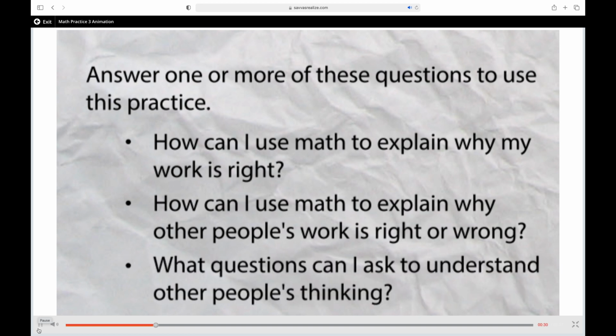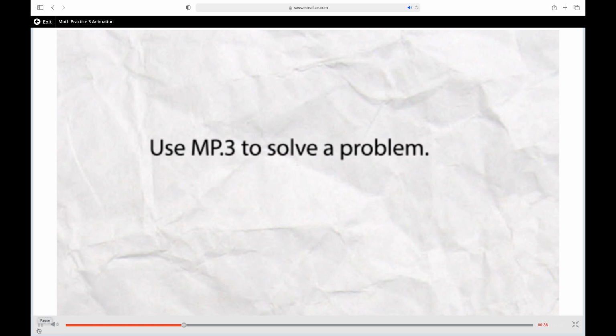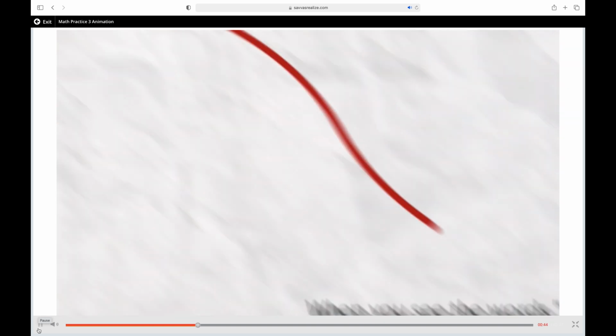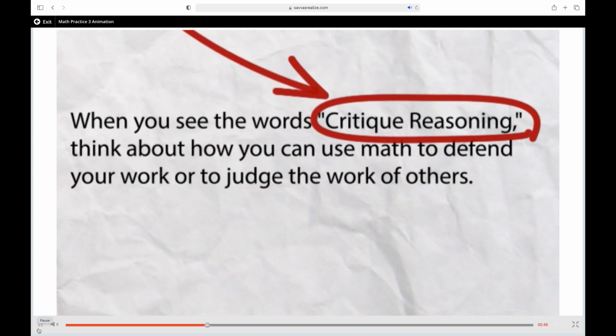What questions can I ask to understand other people's thinking? Use MP3 to solve a problem. Critique reasoning. When you see the words critique reasoning, think about how you can use math to defend your work or to judge the work of others.